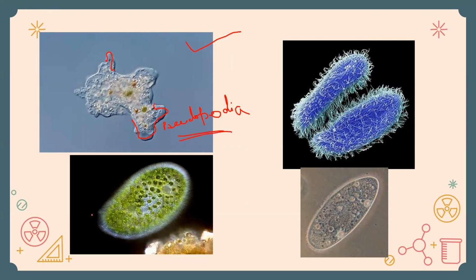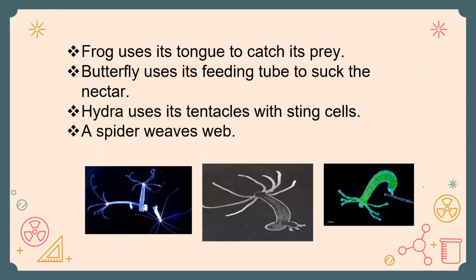And see, this is the paramecium. You can see the brush-like things. This is the cilia. Here are some more pictures of paramecium. Here the cilia are not very visible, but lightly visible. You can see cilia, and here also you can see the brush.